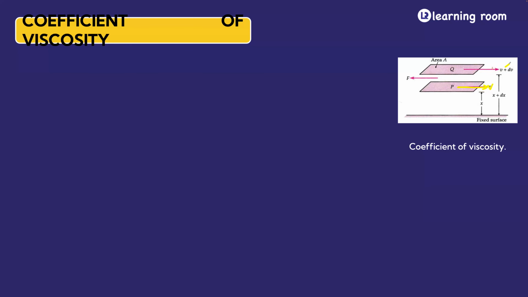Let me say that the distance of layer P from the fixed surface is X, and the distance of layer Q from the fixed surface is X plus dx. Then certain parameters are observed experimentally. It has something to do with the viscous force. So what do you think are observed? Force is directly proportional to mass.